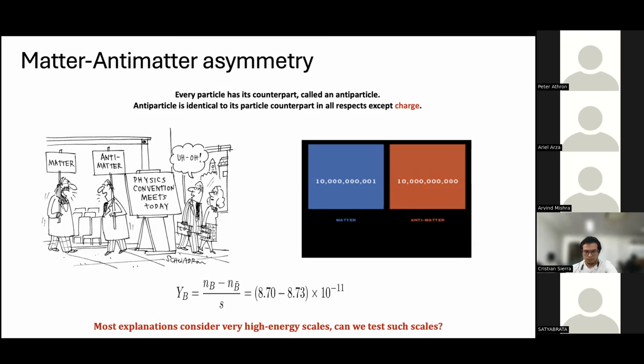We quantify this asymmetry as the ratio of the difference between the number density of particles and antiparticles to the entropy density. And this ratio is of the order of 10 to the power of minus 11. And in order to explain this, we generally consider physics which is at a high scale. And again, one can ask how to test these scales.